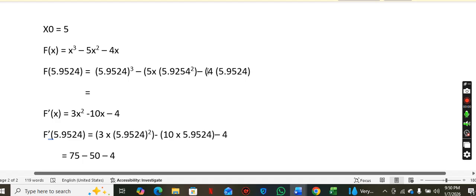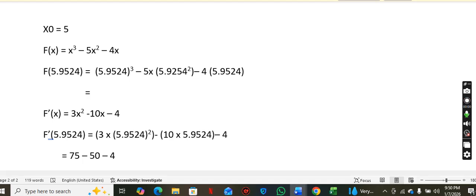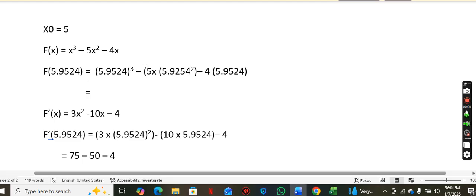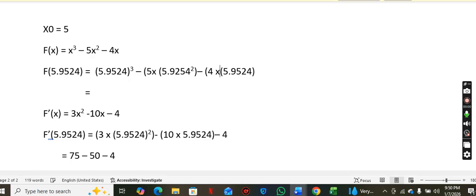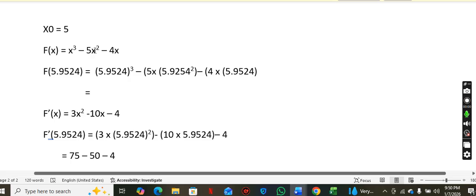Sir, here is the multiplication maybe 20x? I thought maybe it was 5x, that is the multiplication. Oh yeah, that's the problem with x. Here 5x squared, so 5 times x squared.